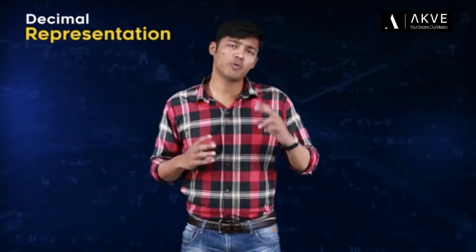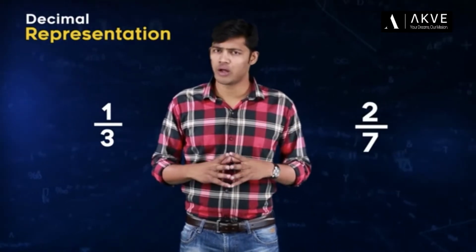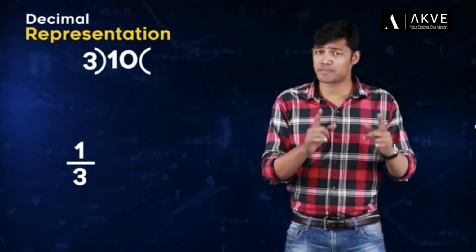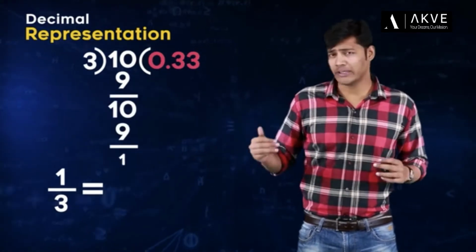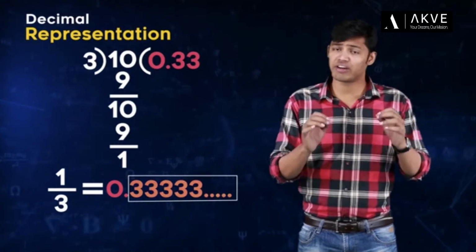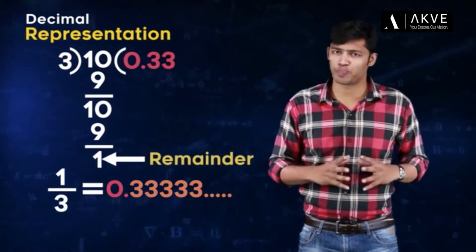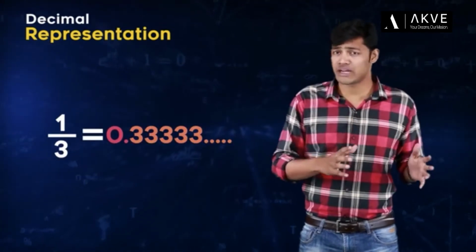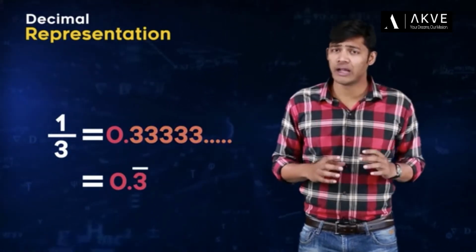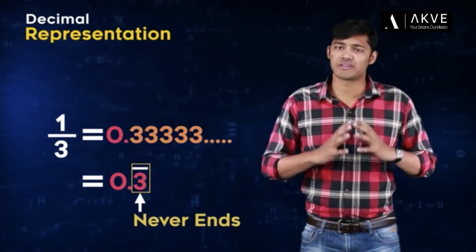Now, consider two more rational numbers, 1 by 3 and 2 by 7. Let's see the decimal representations. 1 by 3's representation will be 0.33333 and so on. The sequence never ends since the remainder will never be 0. So, we represent 1 by 3 equal to 0.3 bar, indicating that the number 3 actually never ends.